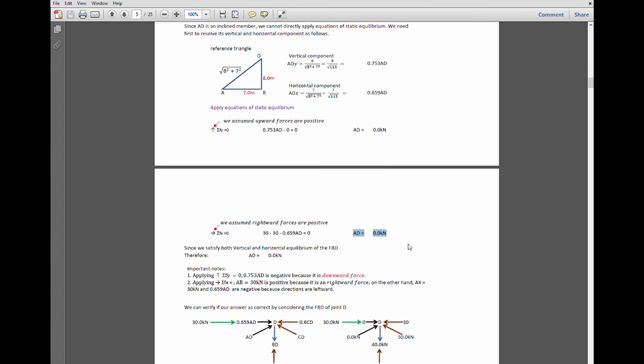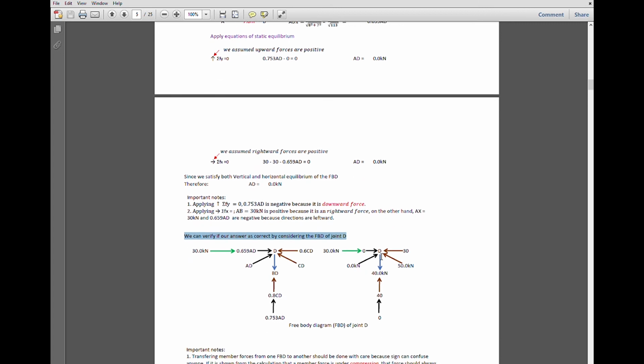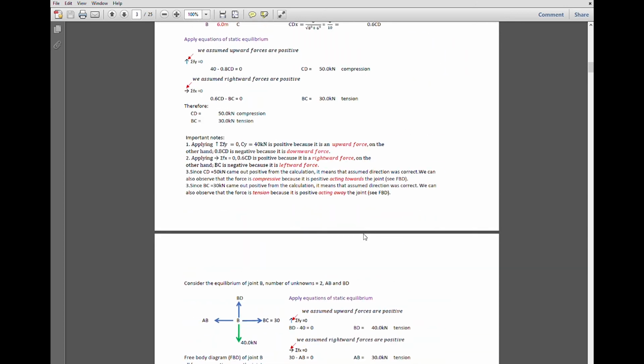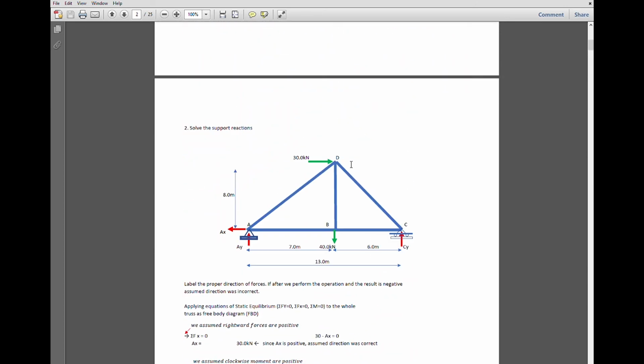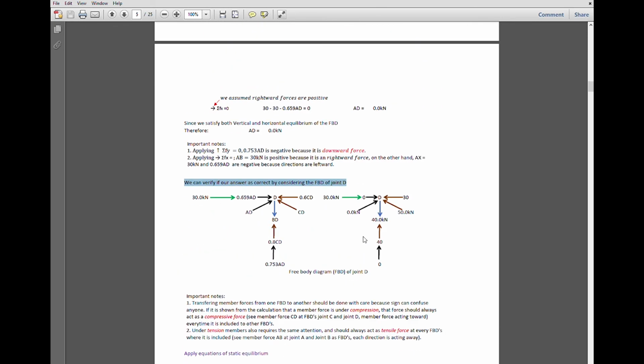Then we can move to joint D, para ma-verify natin kung tama nga naman yung ating nakukuhang mga sagot. So, joint D. Dito, if we consider the equilibrium of joint D, masatisfy kaya natin ang summation forces vertical and horizontal? Yun ang tanong. Pag nagawa natin yun, ibig sabihin, tama yung mga sagot natin na nakuha dun sa member force from the calculation na pinerform natin.